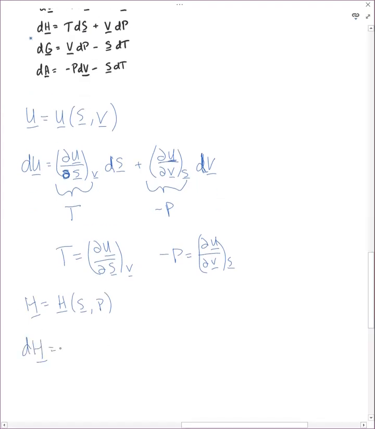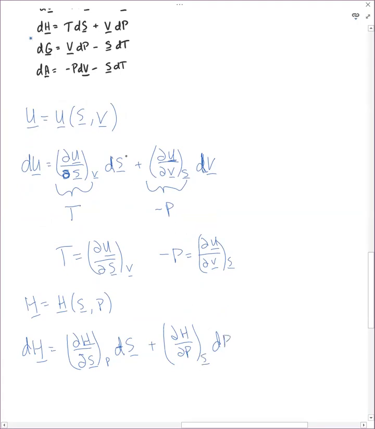So dH is equal to the partial of H with respect to S at constant P times dS, plus dH/dP at constant S times dP.